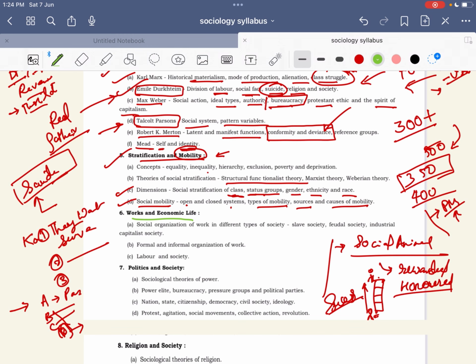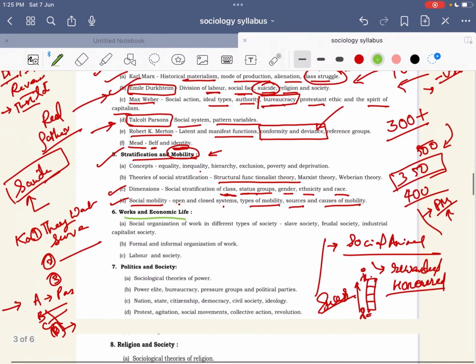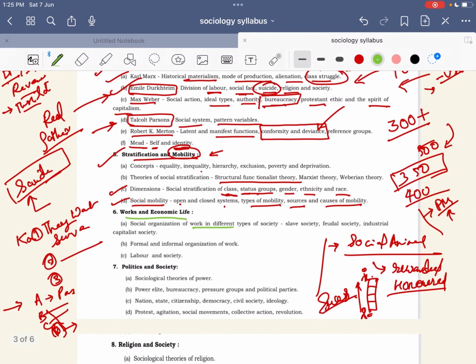So in this area you can get questions about the formal sector, informal sector, and their effects on the economy of India, economy of the world. Understand what I'm telling. So, sociological organization of work in different types of society. Okay, so they are going into history also.